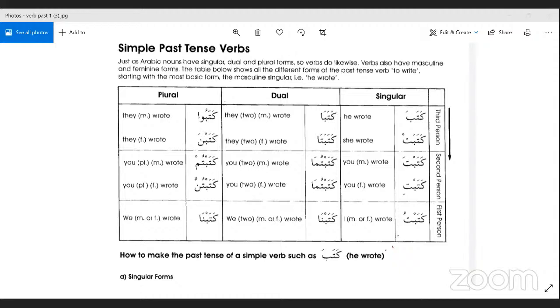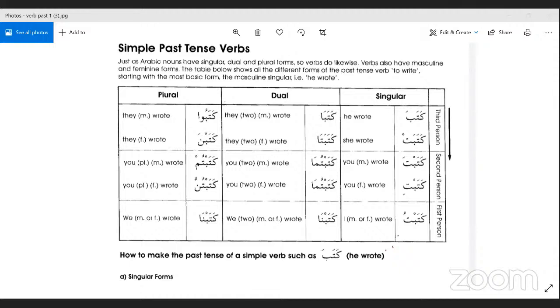I want you to do Nasara. Give me two seconds, let me change the screen to Nasara. The word is Nasara, which means he helped. I thought I had the pattern on the screen, but I don't. It follows the same pattern as Fataha.